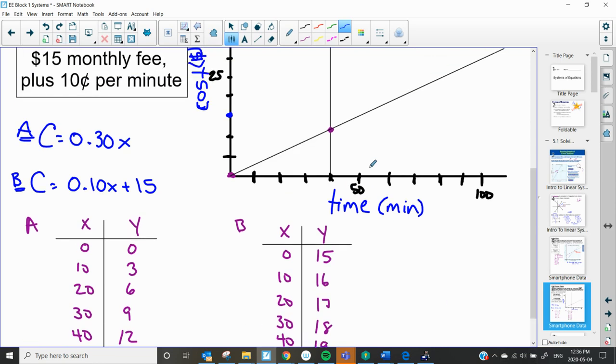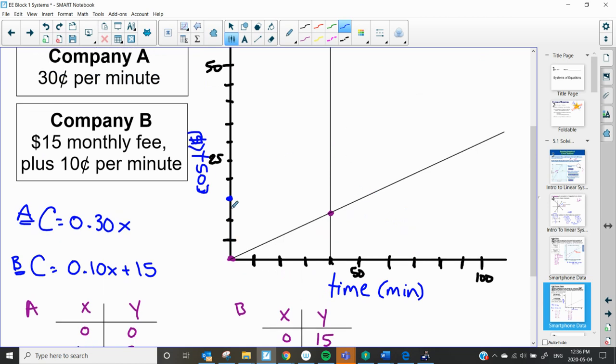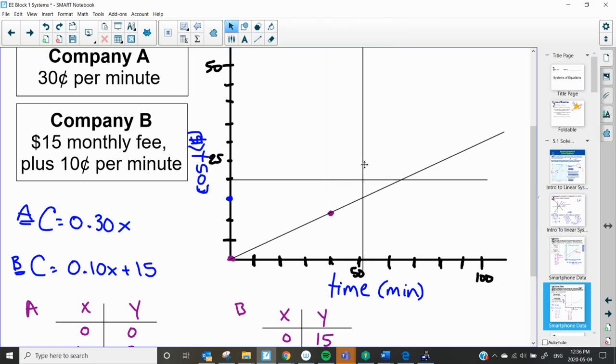So I'm going to graph 50 and 20. So 5, 10, 15, 20. I'm just using the lines to kind of benchmark. So 50 and 20 would be about there. And I can sketch my graph again.